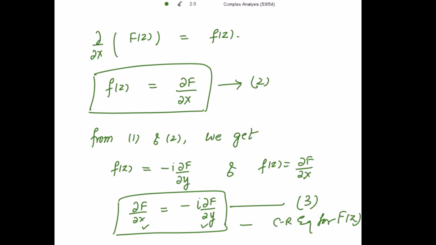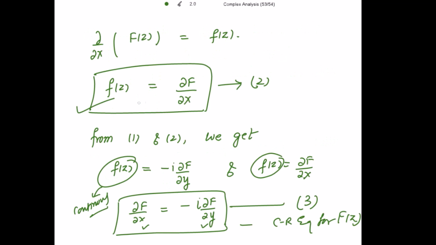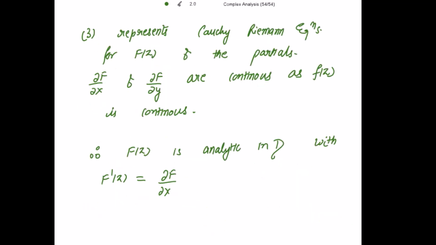Why? Because f of z is continuous. So what conclusion are we getting? That capital F of z is analytic in the domain D, with the derivative of F of z equal to curly F over curly x, which is equal to f of z from equation 2. So F dash z is equal to f of z, right?